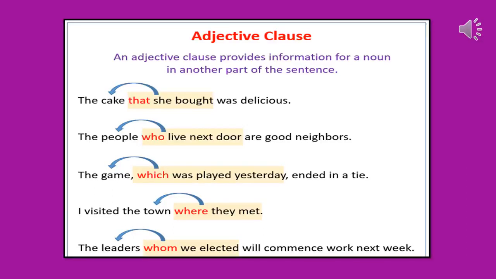For example, let us take up a sentence. The neighbor that lives next door has returned from his hometown. The painting which was stolen last year has been restored in the museum. So adjective clauses, you should know, usually begin with words like which, whom, that, whose, where, when.